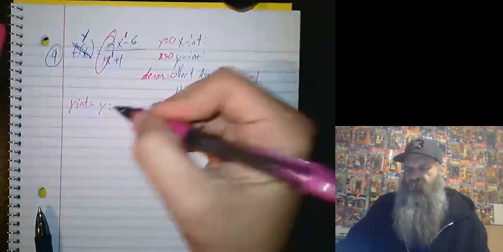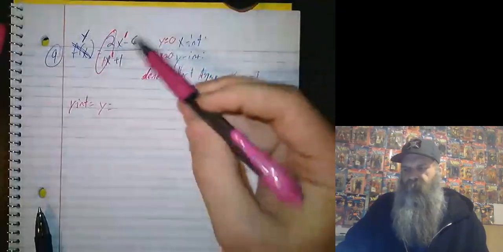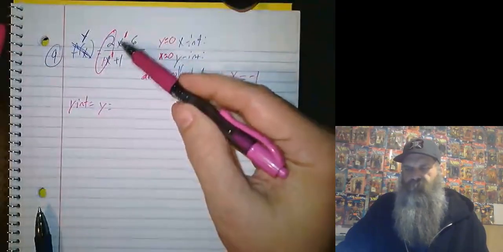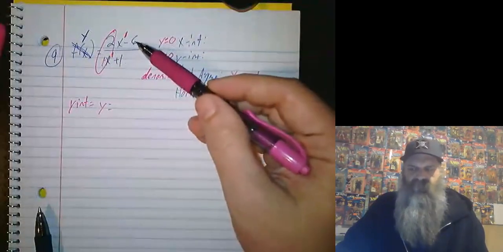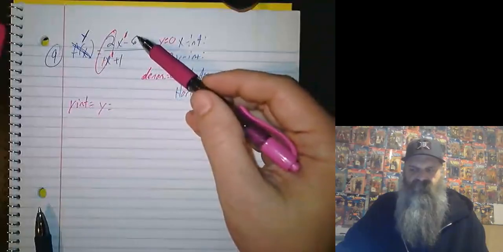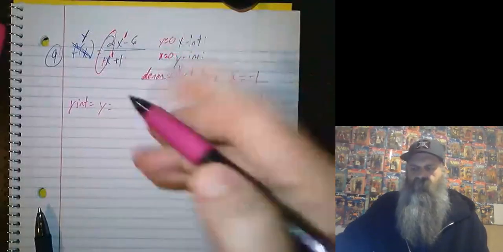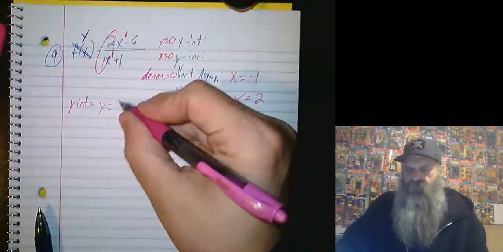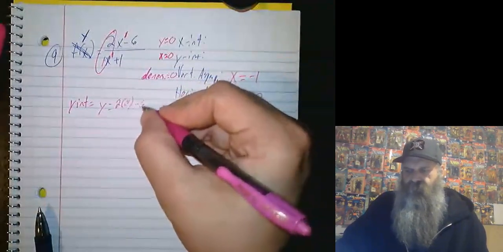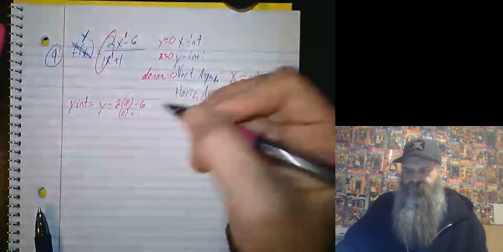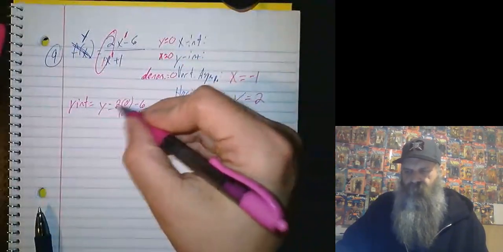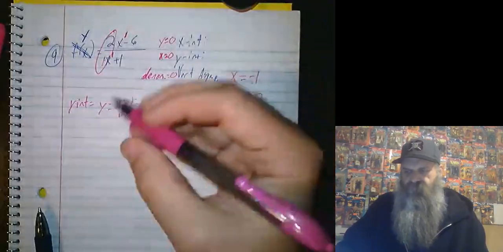So for the y-intercept, we have y equals, and then we replace the x's with zeros. Now maybe you just spot that it's going to be -6 because it's just -6 over 1. Because as we plug in zeros, we just zero out the term. So 2 times 0 goes away, so does that 0.